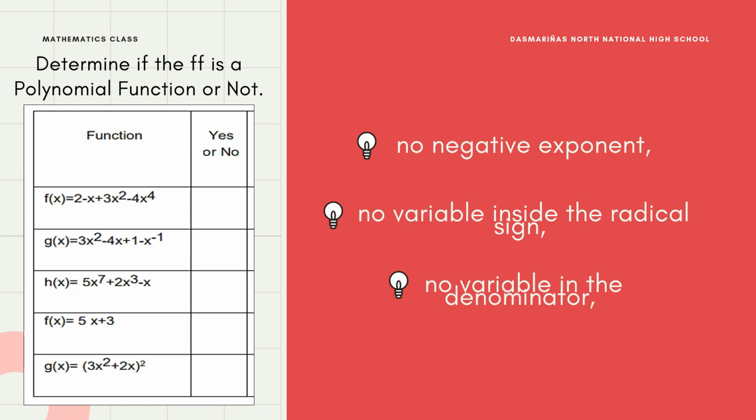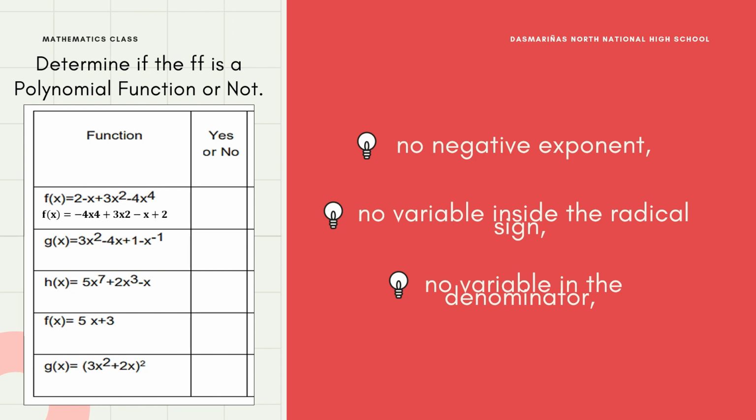Number 1. F of x is equal to 2 minus x plus 3x squared minus 4x raised to 4. Since the equation is not in order, let's change it first to its standard form.